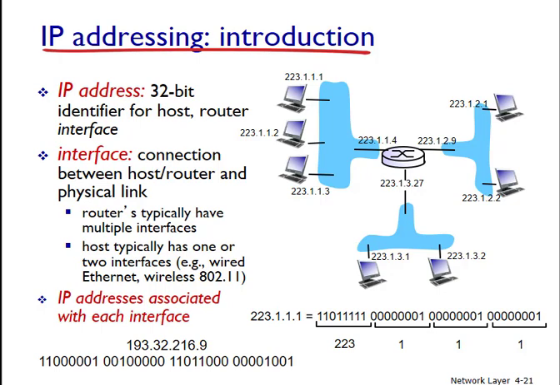Therefore, the address 193.32.216.9 in binary notation is as you see it here. 11000001 is the first byte, 00100000 is byte 2, 11011000 is byte 3, and 00001001 is byte 4.